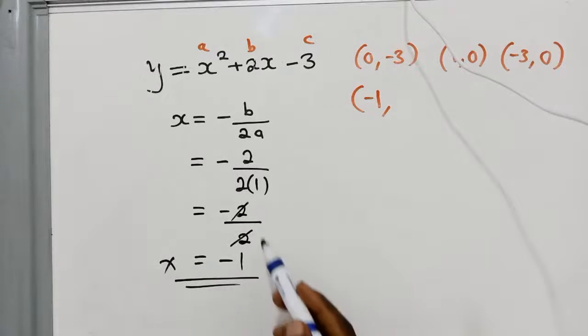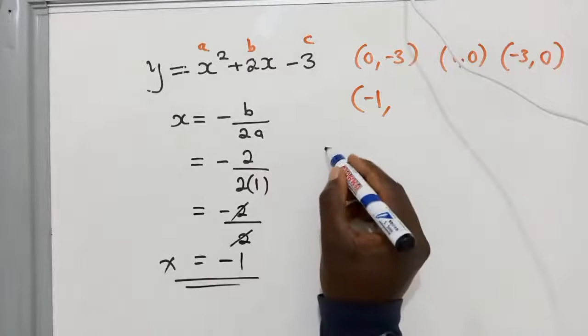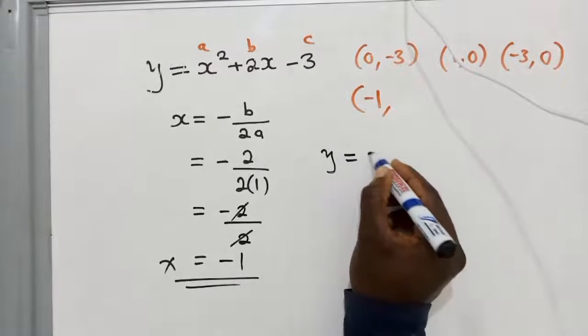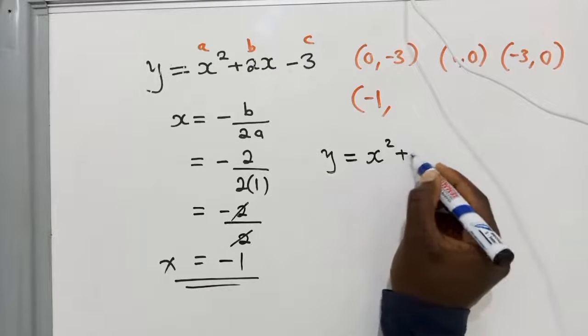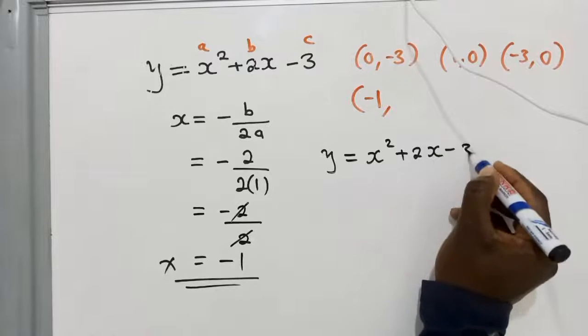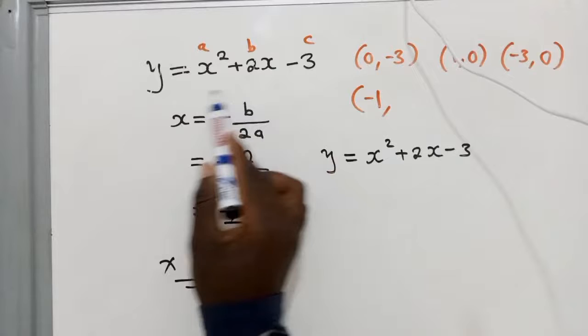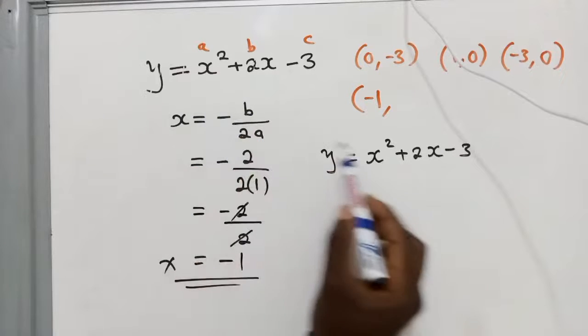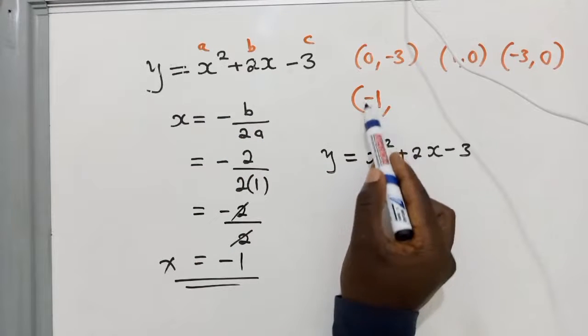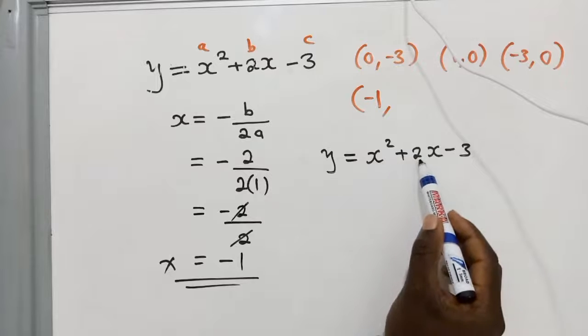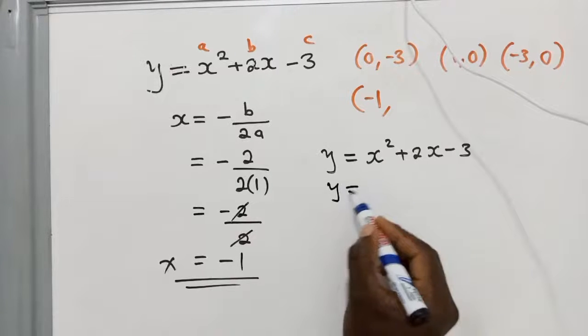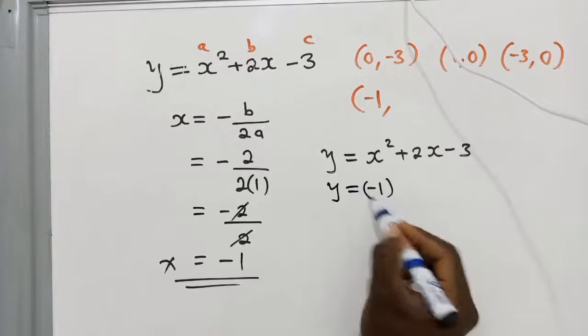The y value, we'll just say y is equal to x squared plus 2x minus 3, meaning we'll get the function over here, and then we get this x value, put it where x is. We are just replacing, so it will look like this.